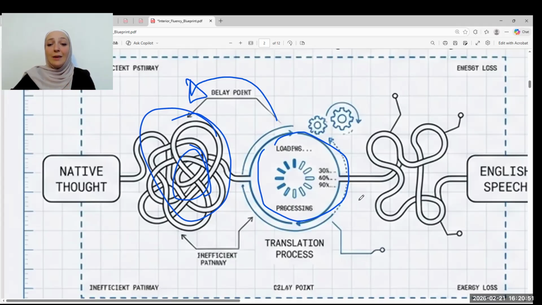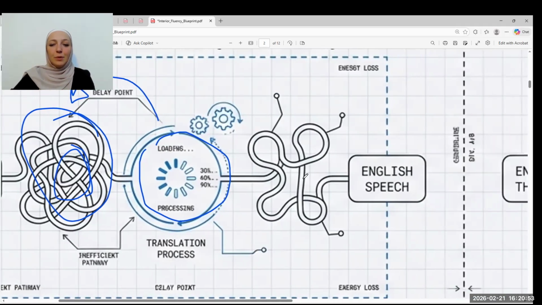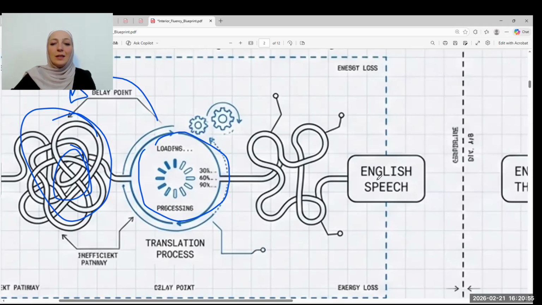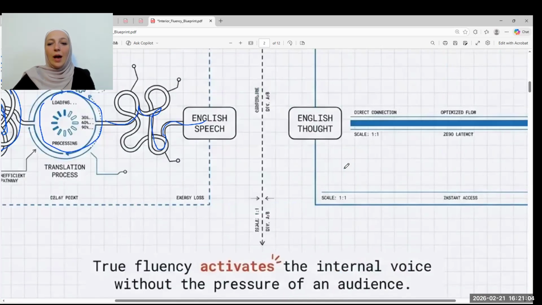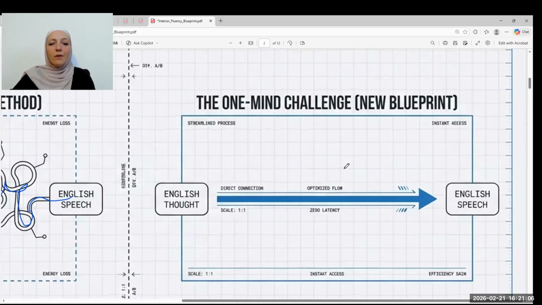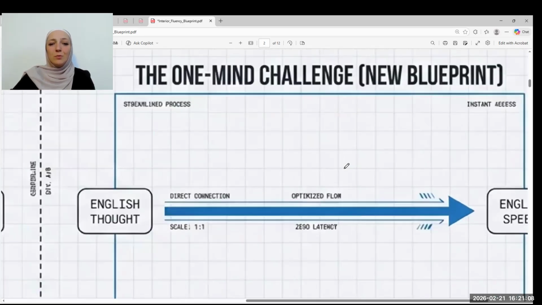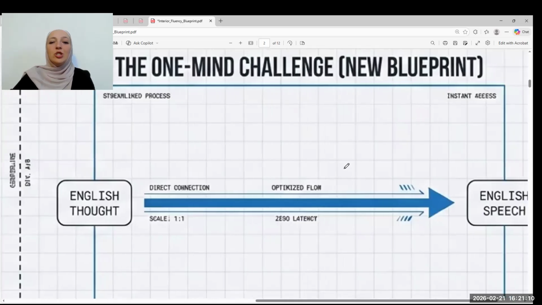So what's the solution? Easy and simple. To start speaking English fluently, to make the flow easier and have English speech, you have to move on to this: from English thought to English speech, the one mind challenge.